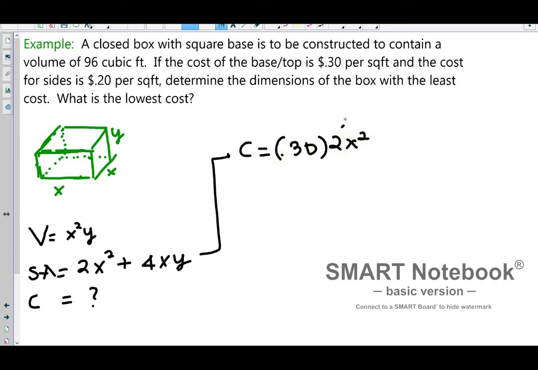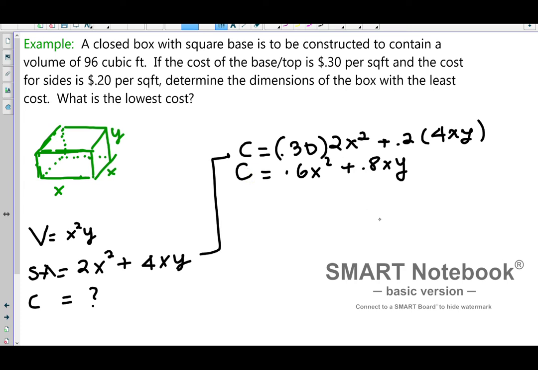And then 4xy represents the sum of all the sides, and the cost per unit area for the sides is 0.20. So it's going to be plus 0.20 times 4xy. And in simplified form, I can write this as 0.6x squared plus 0.8xy. So we have our cost function.